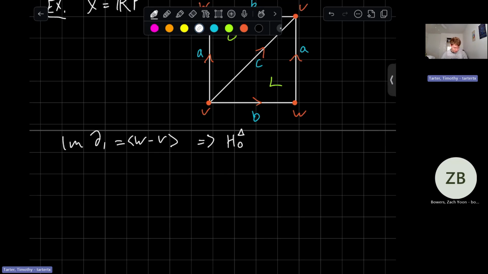So then it's just the whole thing mod the image, which is isomorphic to Z with either vertex as generator.